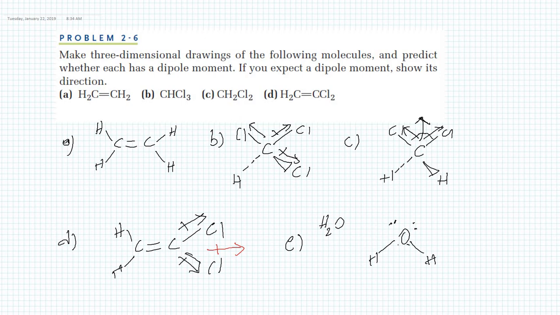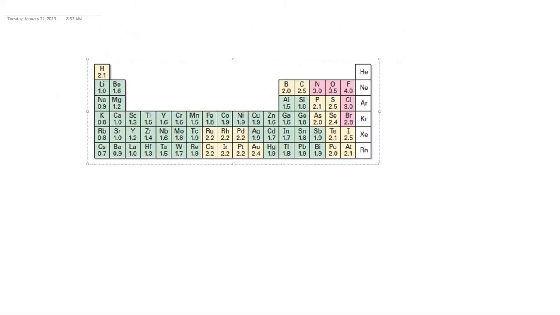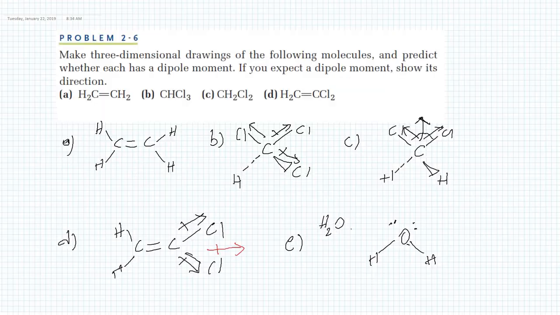So let's look at, do we have polar bonds? Yes, oxygen-hydrogen bonds are polar. The reason, if you go to the electronegativity table, oxygen has 3.5 and hydrogen 2.1 electronegativity values, and the difference is 1.4. For that reason, the bonds are polar. And let's draw bond polarity vectors. Which one is more electronegative? Oxygen is more electronegative. The vector will be towards oxygen.